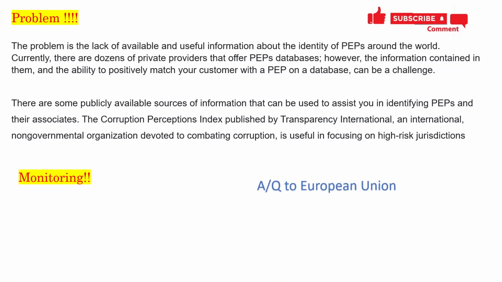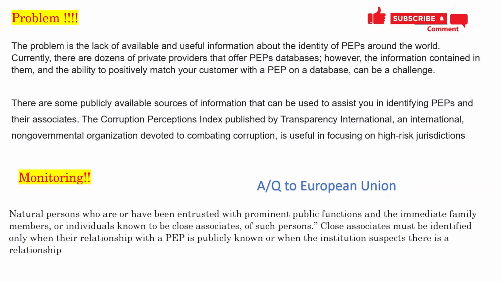Now coming to the monitoring part of PEPs, a very critical question that might come to you in AML is how PEP is categorized in European compliance and US compliance. So I am answering that too. Natural persons who have been entrusted with prominent public functions, and immediate family members or individuals known to be close associates of such persons. Close associates must be identified only when the relationship with the PEP is publicly known or the institution suspects there is a relationship.